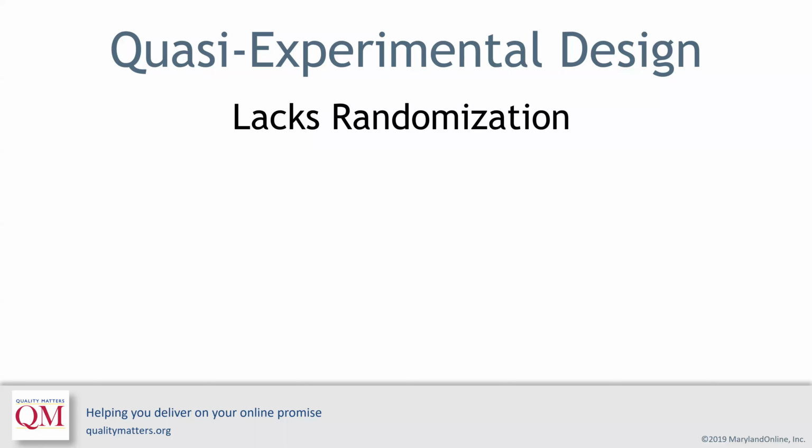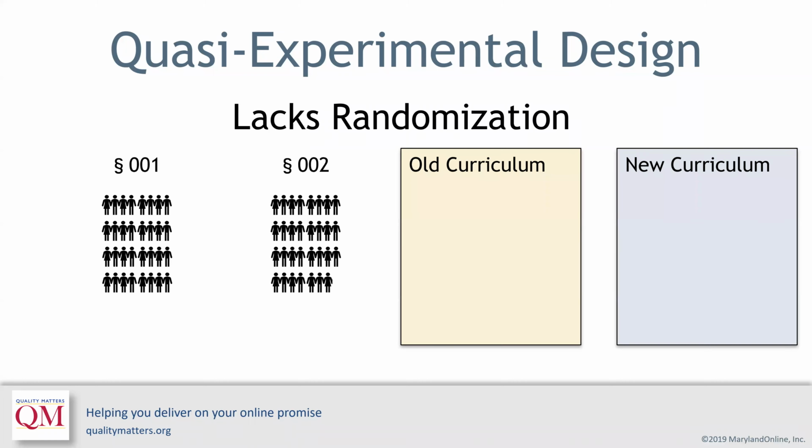Here's an example. You want to compare an older curriculum to a newer curriculum. There are 2 sections of the course being taught. Students self-enroll in these 2 courses. They're not randomly assigned. Logistically, it may not be possible to randomly assign students to different sections of a course.